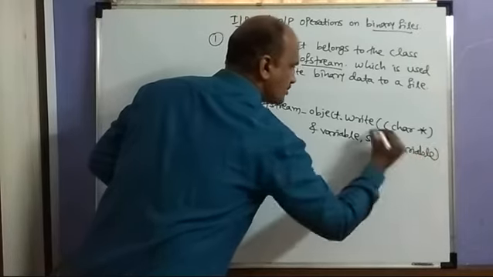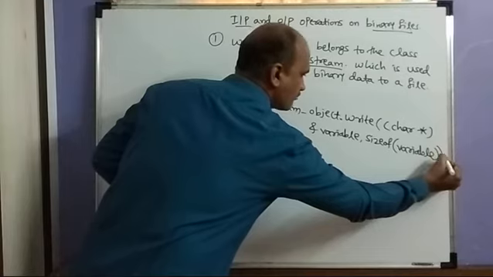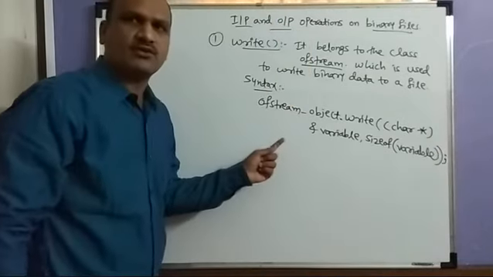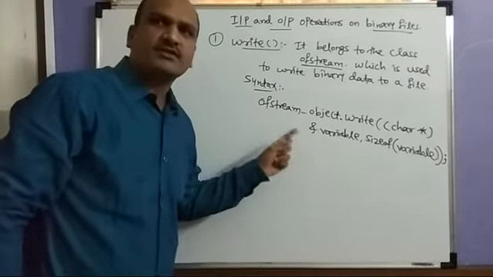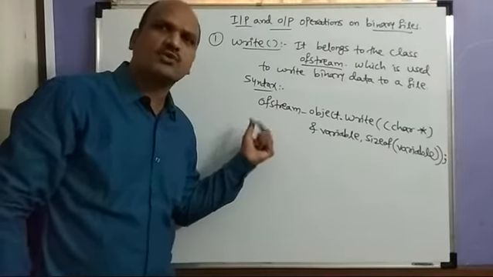So this closes, and when you open another one, that will also close the brace and give the semicolon. As there is ofstream, this function requires two arguments.